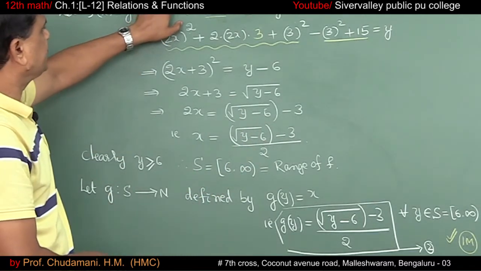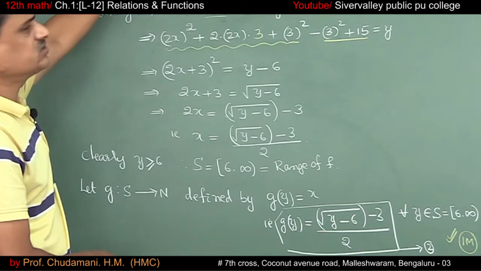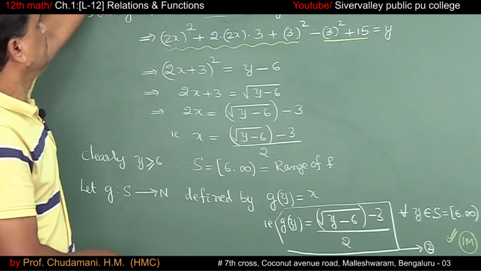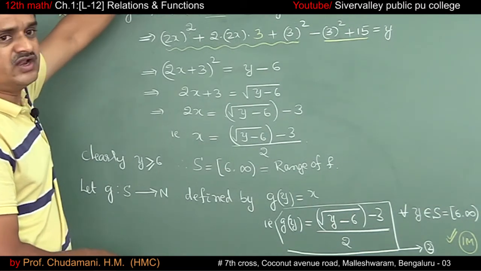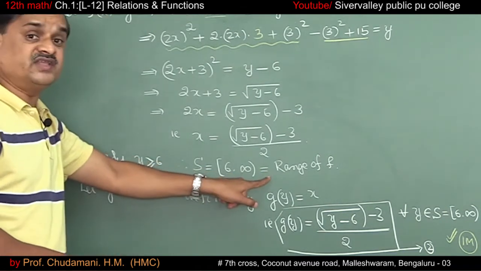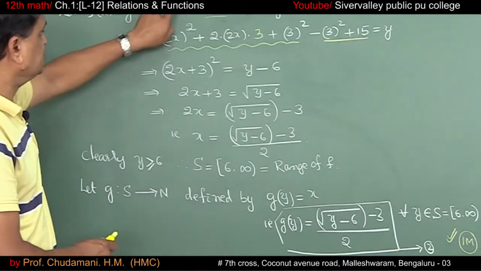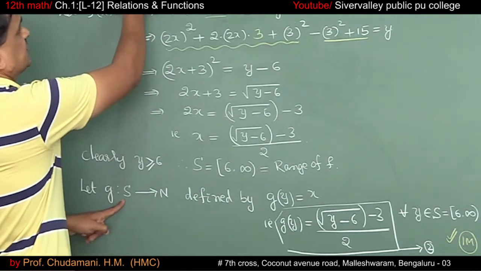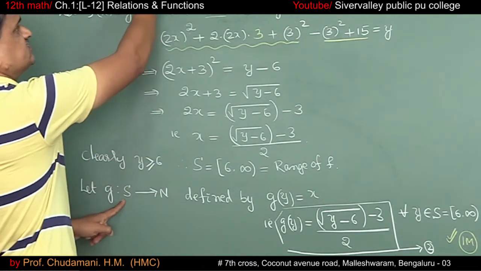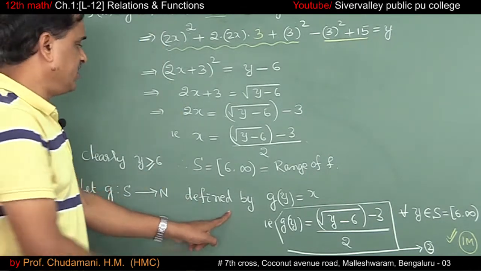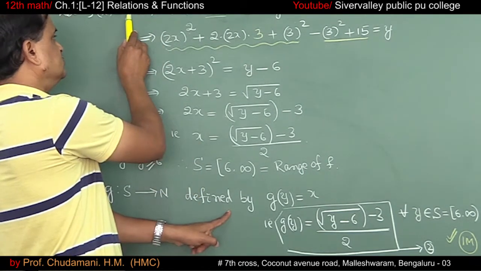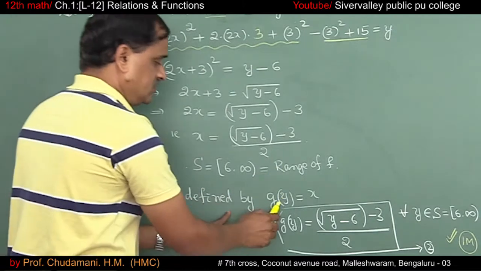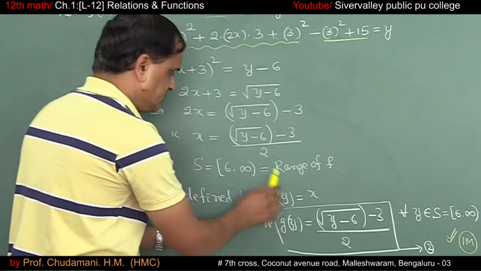Now, let us define, see the question, show that f from N to S, N to R, is a bijection, f from N to S, the range of the function. Now, g from S to N, defined by g of y is equal to x. g of y equals x means what?